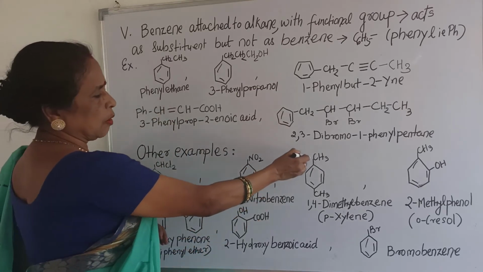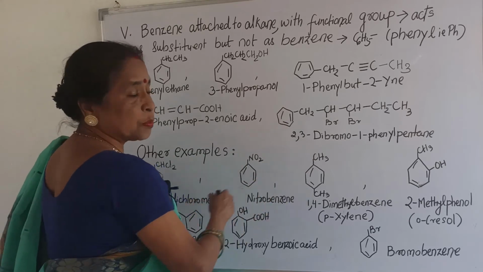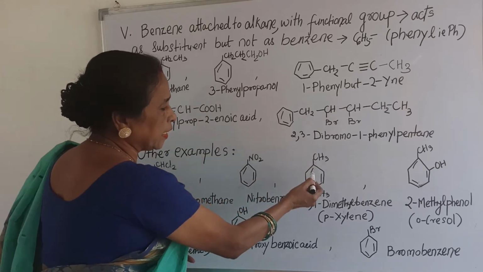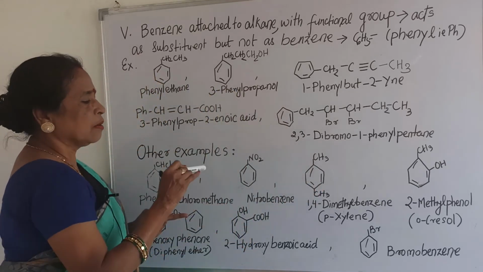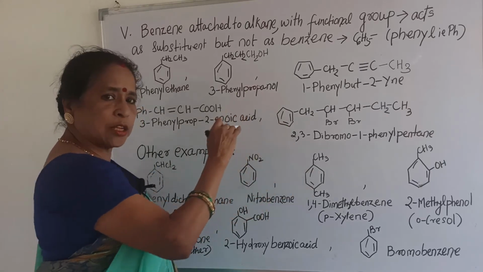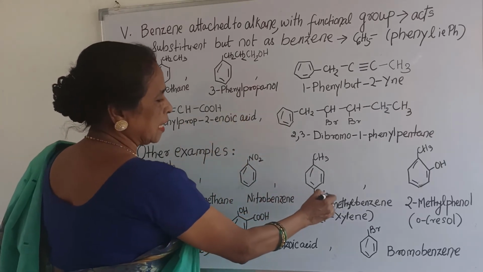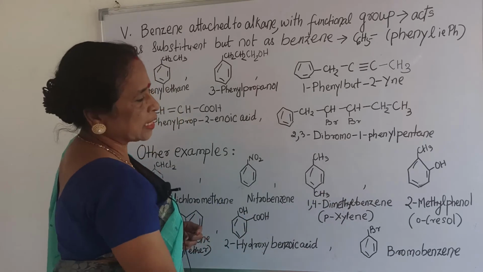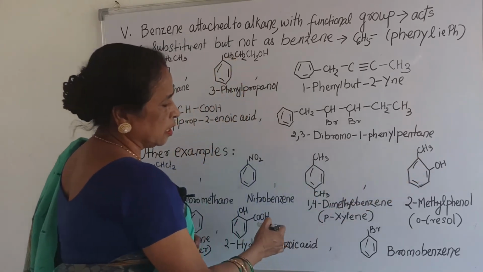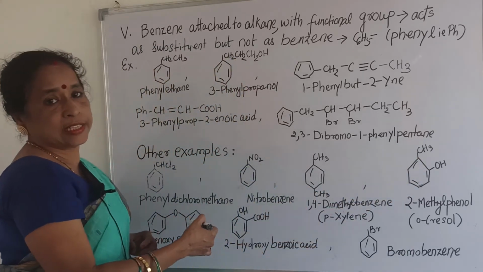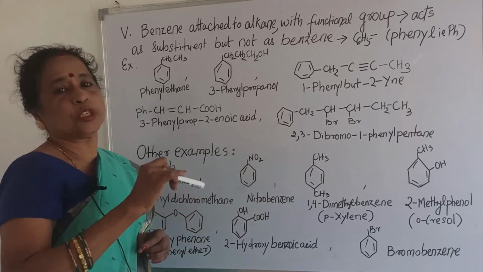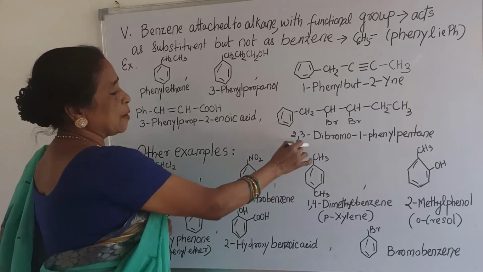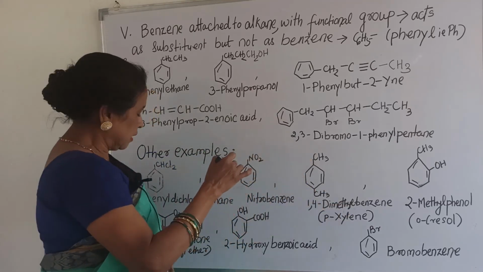If it is 1 position CH3 and 4th position CH3, we can name it 1,4, and how many methyl groups? 2, that is why 1,4-dimethylbenzene. It is also called paraxylene, because the 1,4 position is also known as para, and that is the common name, paraxylene.